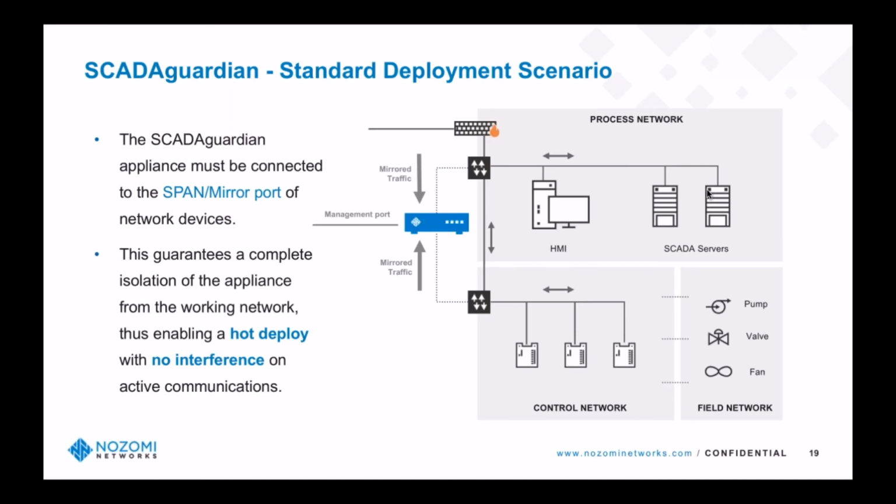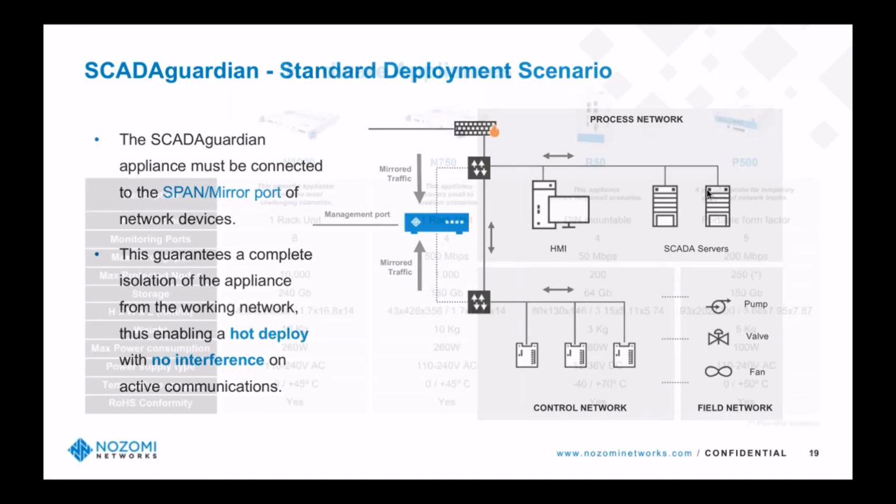So we definitely know what's going in and out of this appliance, so we can easily not only deploy what we call hot deploy with no interference on active communications, but we're also sure that we're capturing all network traffic within our host network. So that's critically important. As I mentioned earlier, we work in coordination with the process network, the control network, to ultimately capture information all the way down to the field network, which is the sensor level, the node level, if you will.